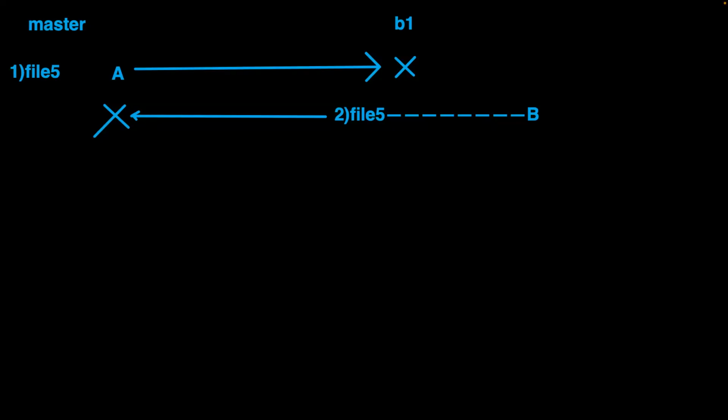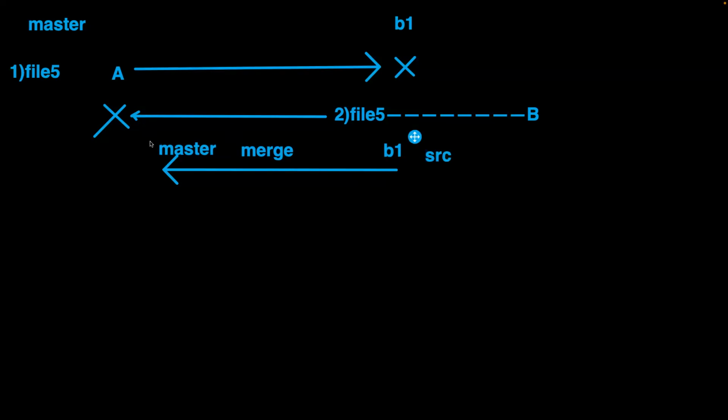So now I want to merge from B1 to master. What is the concept of merge? Listen carefully. Merge is bringing the changes from the source branch to the destination branch.